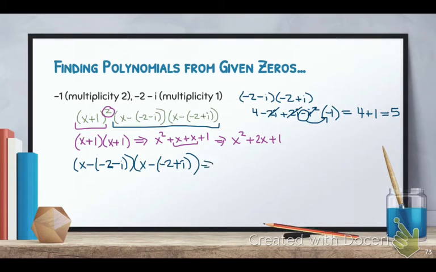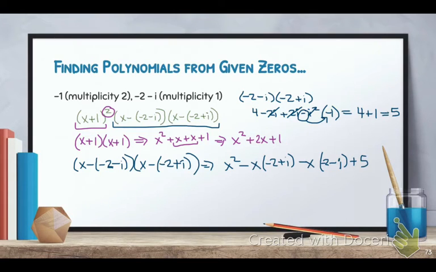Alright, so x squared minus x times -2 plus i, right? And then minus x times -2 minus i, right? And then plus that 5 that we have already found before.